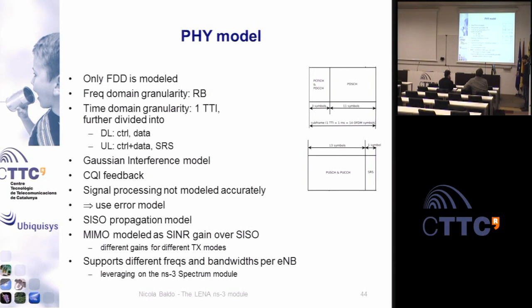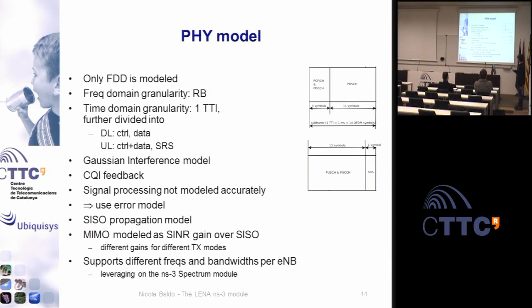And these settings can also be such that the base stations are using partially overlapped frequencies. And this is done leveraging on another model that is called the spectrum model. It's available from ns-3, and this model was also developed inside CTTC, but not as part of the LENA project, as part of another project.